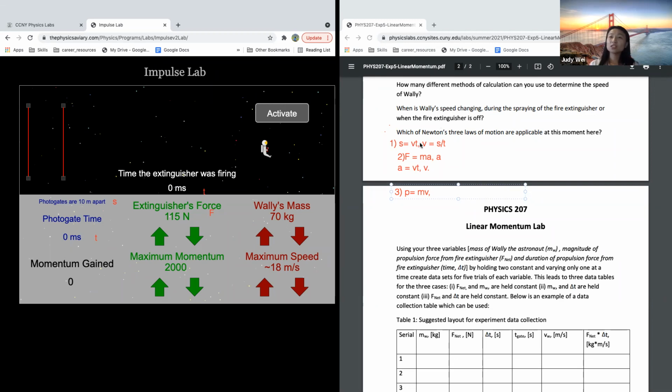And which of Newton's 3 laws of motion is applicable at this moment? This is Newton's second law, because there's an external force working on the object, here his body. The outer space gives an opposite force, in the opposite direction of the fire extinguisher, impulse delta.